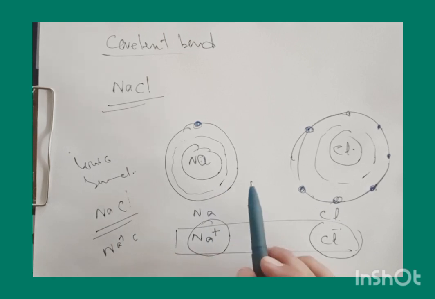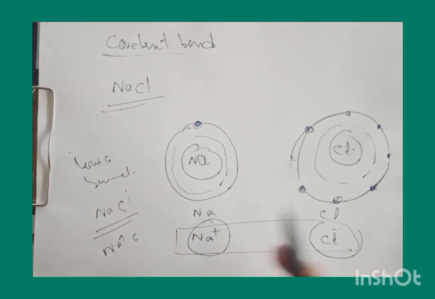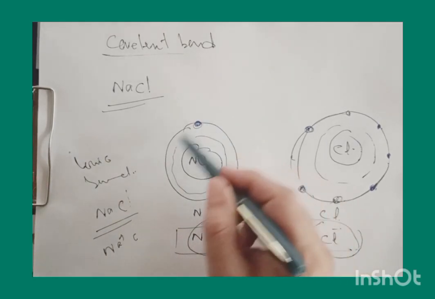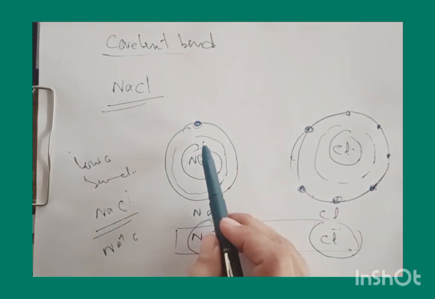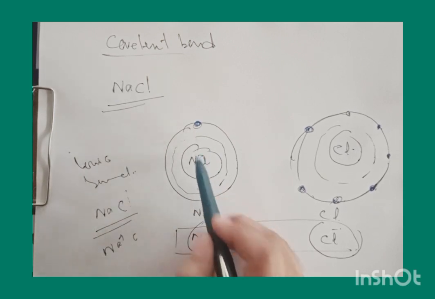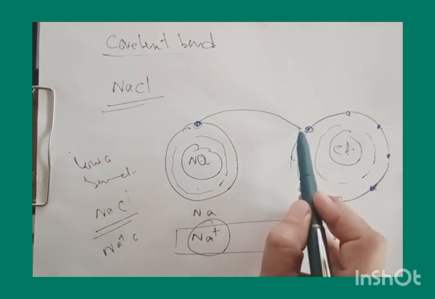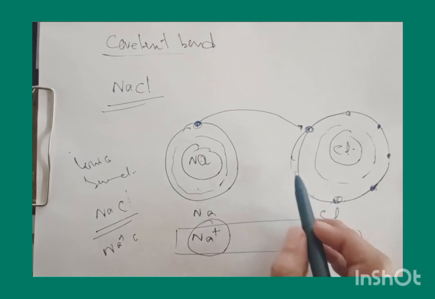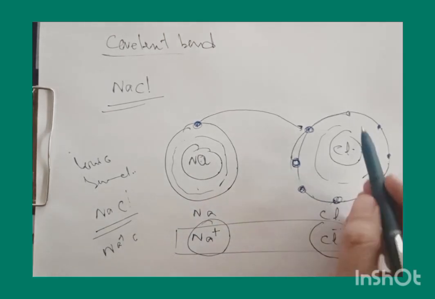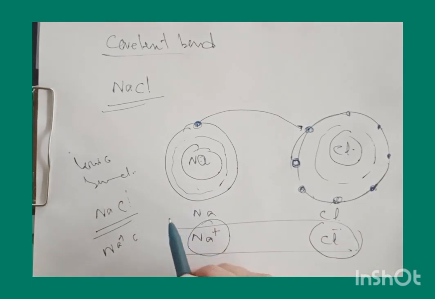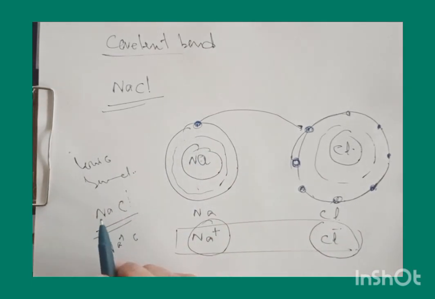This one needs a lot of electrons, this one needs just one. So to become stable, sodium would like to lose its electron, and it loses its electron, and chlorine has all the 8 electrons it wants in its outer orbit, and sodium also has its octet complete.